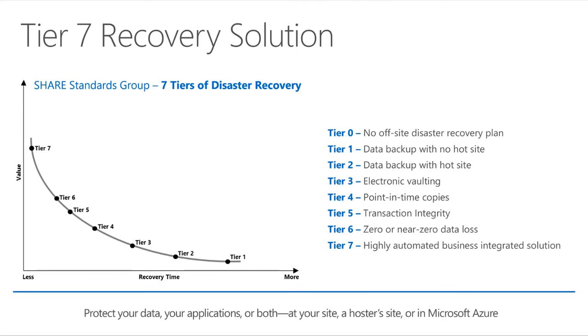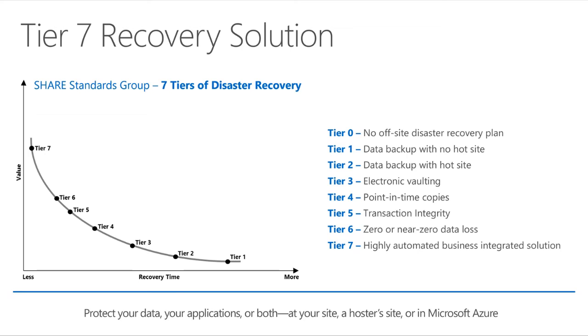There is a group back in the 90s that really dictated what a disaster recovery solution should look like, and they categorized this into a number of tiers. That was the shared standards group. Those tiers went from tier 0, which was no offsite disaster recovery plan, all the way to tier 7, which is a highly automated business integrated solution. Now, when I go out and talk to my customers, I hear all sorts of scenarios and stories and capabilities.